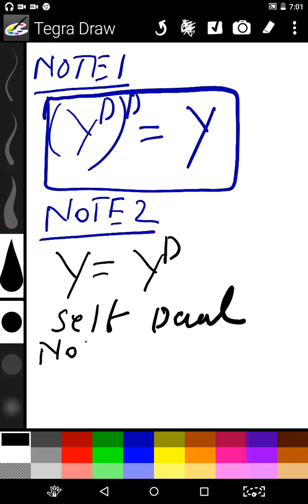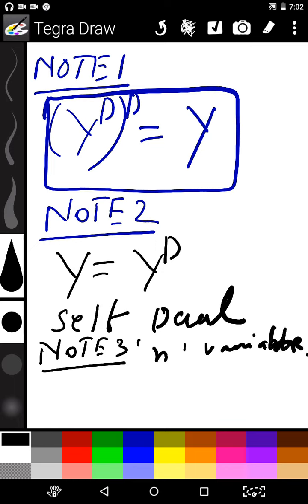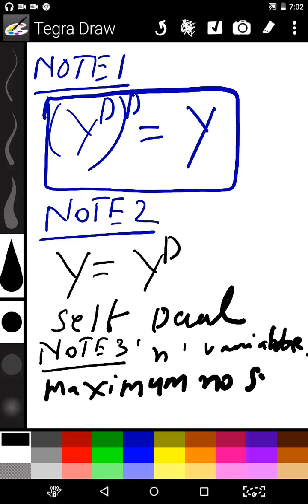Note 3: if there are n variables in an expression, then the maximum number of self dual expressions will be 2 to the power n minus 1.